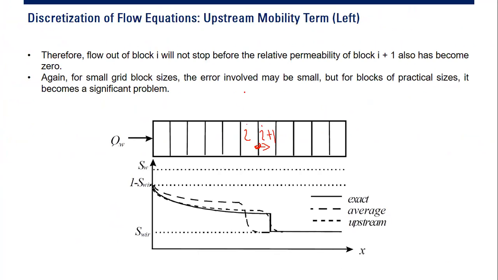So if the relative permeability of block I and I+1 have become 0, then the flow will stop. Again, for small grid block sizes, the error involved may be small, but for blocks of practical sizes, it can become a significant problem.